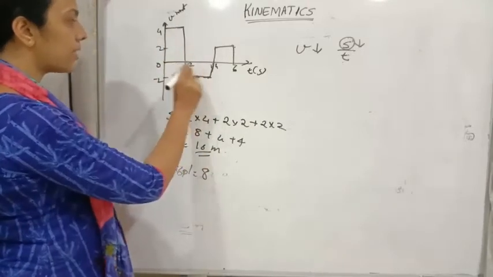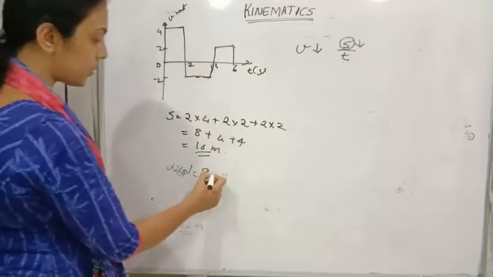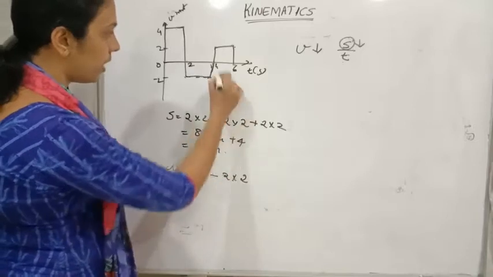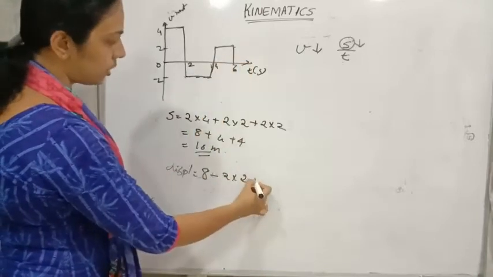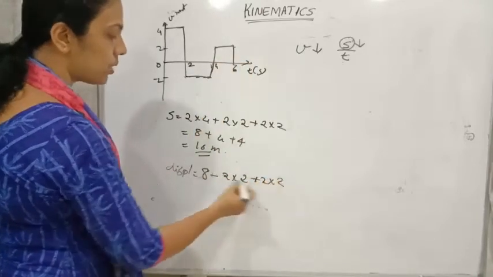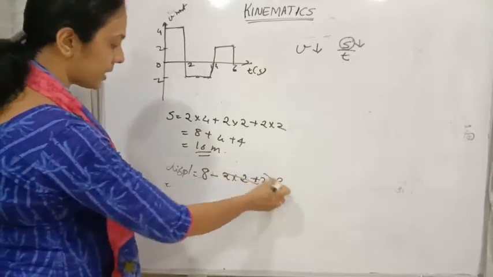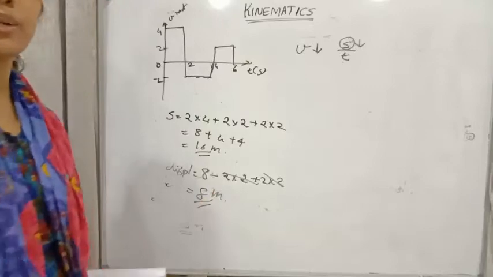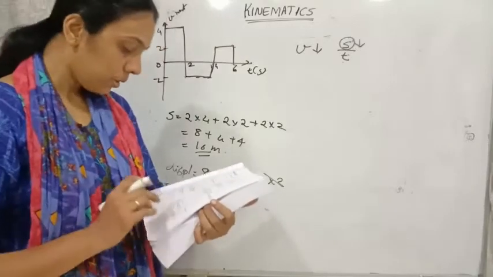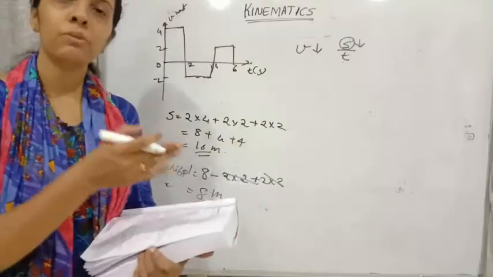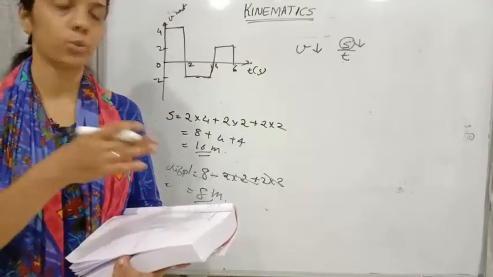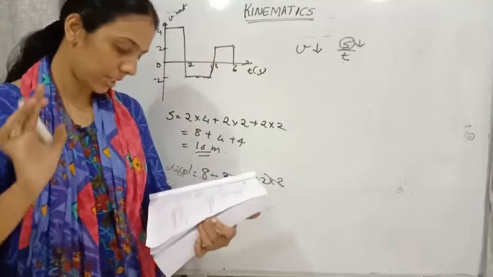Then it is -2 into 2, because we should consider the negative sign also, and next is +2 into 2. So the minus and plus get cancelled, and we get a displacement of 8 meters only. Clear? In the case of displacement we should use the negative sign also, because displacement is a vector quantity.